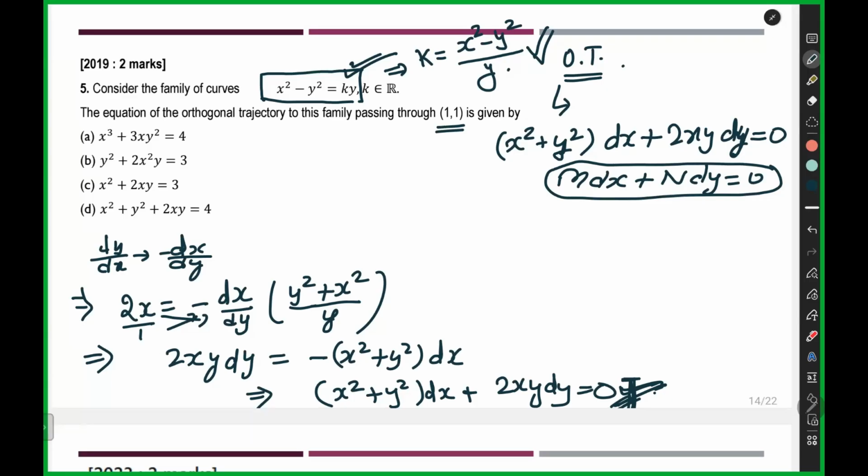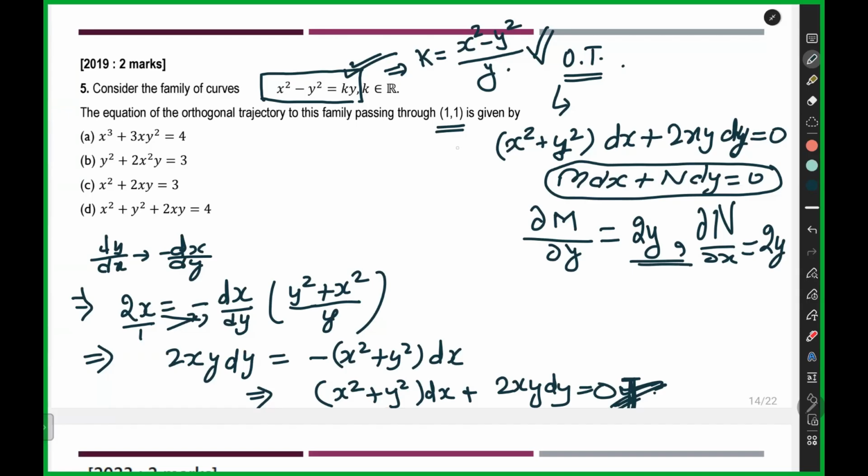Yes or no? Yes, sir. So we have to find del M upon del y. It is 2y, and del N upon del x is again 2y. So we can see the given equation is exact.